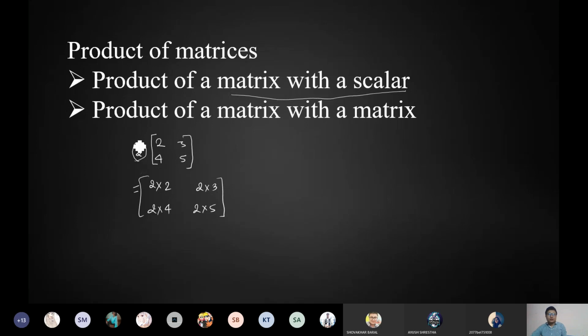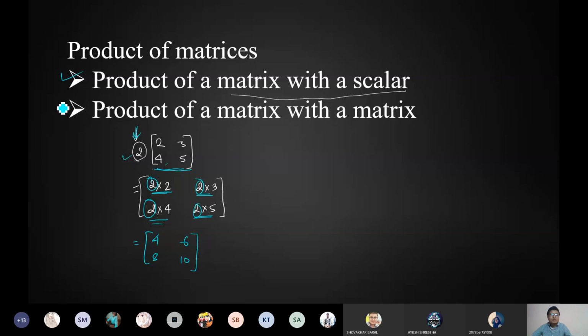The product of a matrix with a number is obtained by multiplying each element of the matrix by that scalar. 2 is multiplied with all the elements: 2 times 2 is 4, 2 times 3 is 6, 2 times 4 is 8, and 2 times 5 is 10. This is how you find the product of a matrix with a scalar.